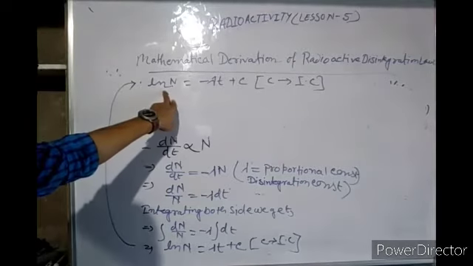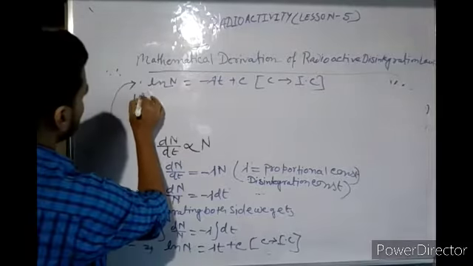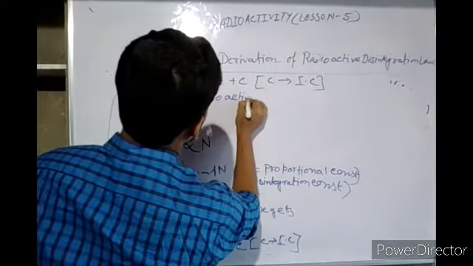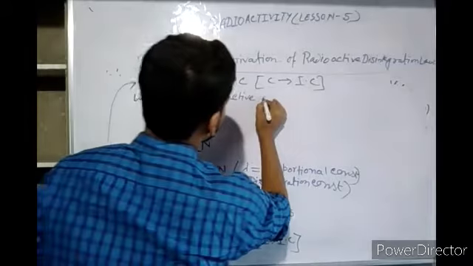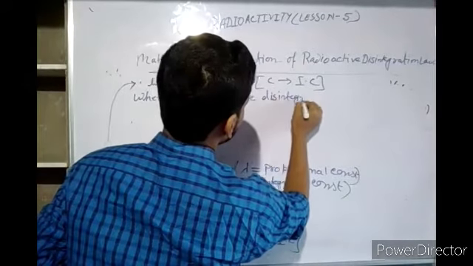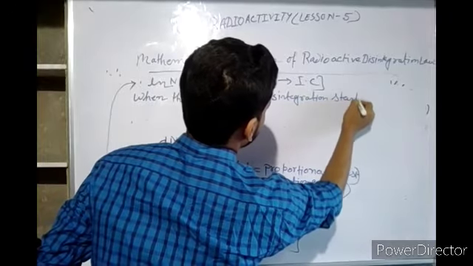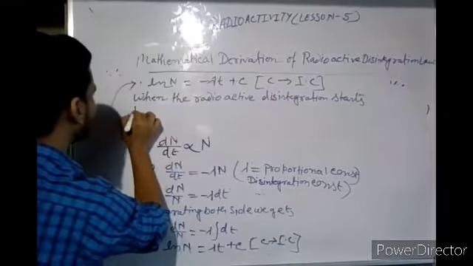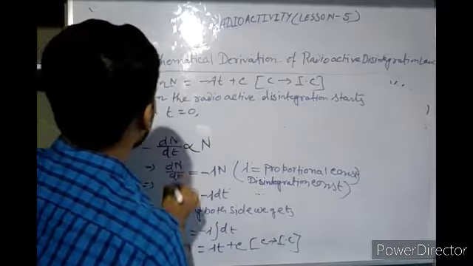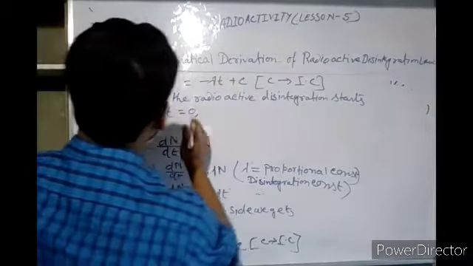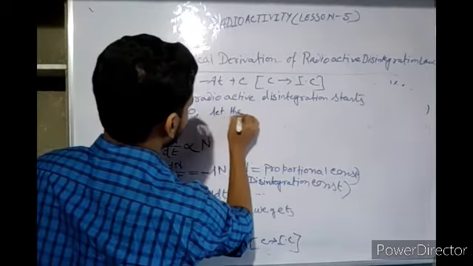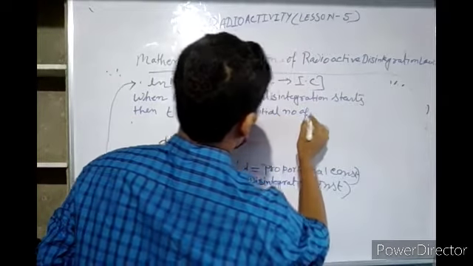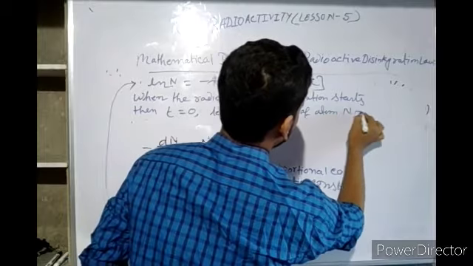When the radioactive disintegration starts, at the starting time, t will be 0, and let the initial number of radioactive atoms N equal N0.